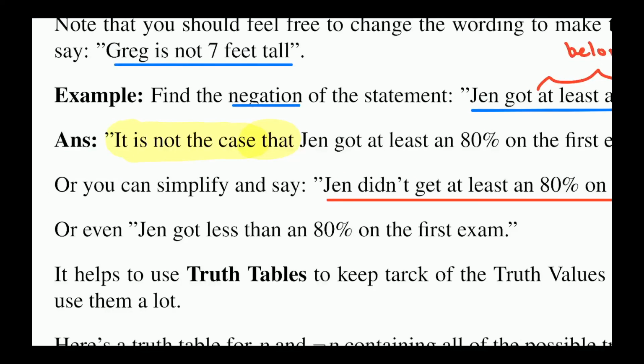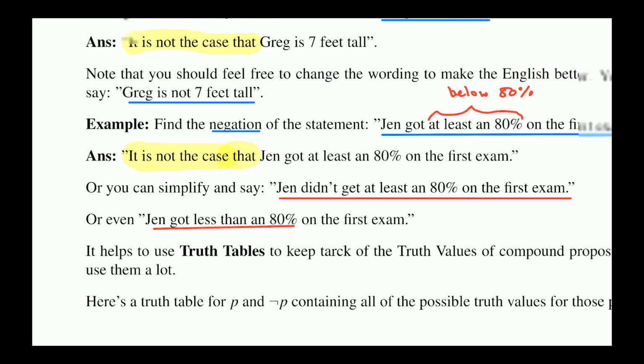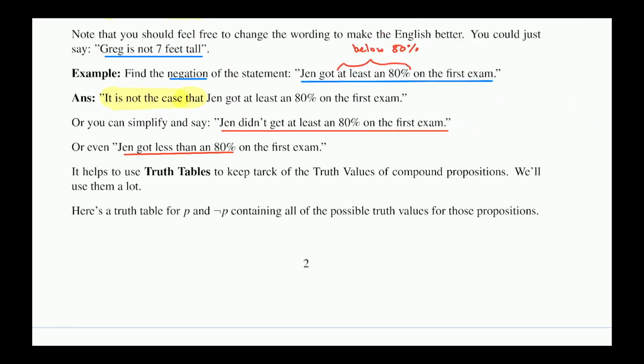But then you could say Jen got less than an 80%. So there are multiple ways to do that, and you need to pick one that sounds good, basically. You want to try to avoid that it is not the case that wording, even though it is technically correct.